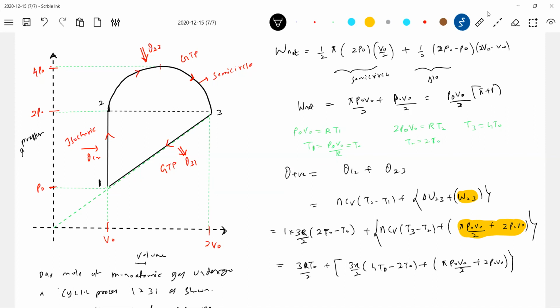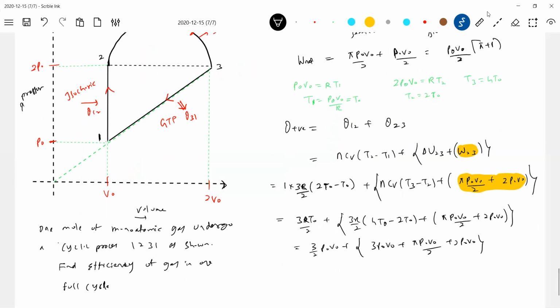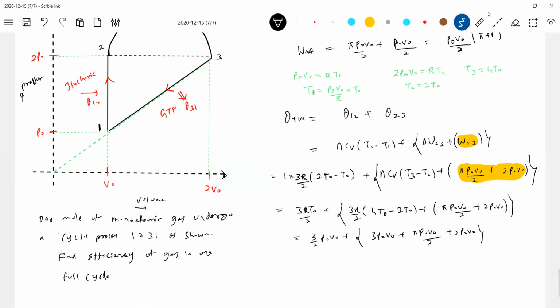Okay, this should be R T naught. We'll write it as P naught V naught. So 3 by 2, so this will be 2 T naught. So 3 P naught V naught. Pi P naught V naught by 2 plus 2 P naught V naught. Pi as it is I should take. So here 3 plus 2, 5.